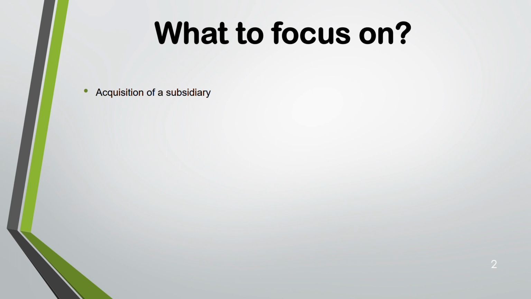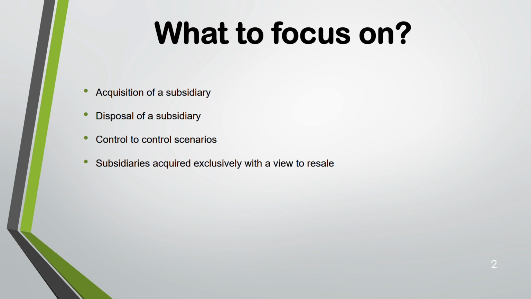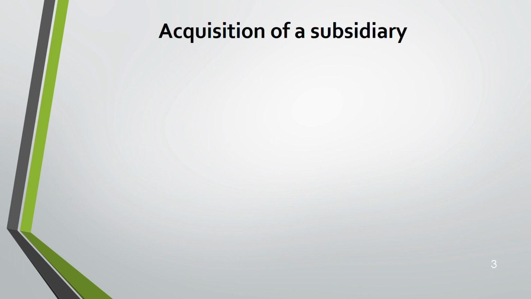So when you acquire a subsidiary, when you dispose of a subsidiary, and control-to-control scenarios, that means even if you're acquiring or disposing, you're not losing or gaining control. Subsidiaries that are acquired with a view to resell, how do you deal with it? Then disposal of an associate, and group reorganization. These are the areas that we are going to cover. So let's start with the acquisition of a subsidiary.